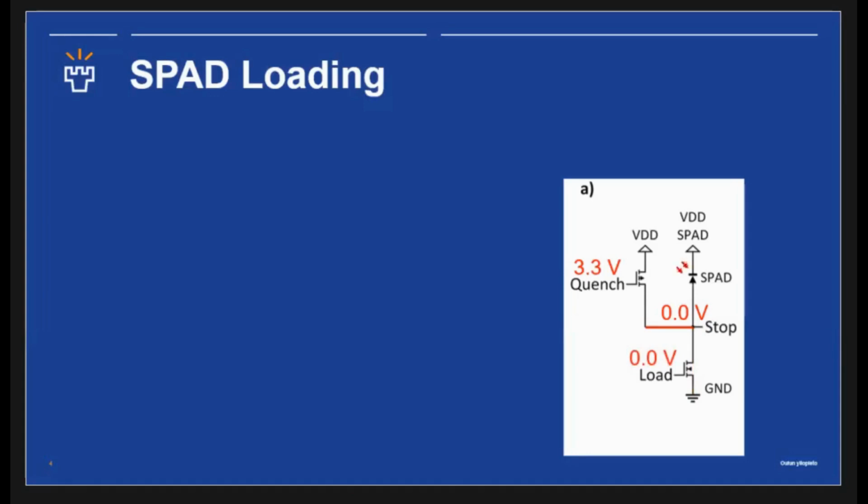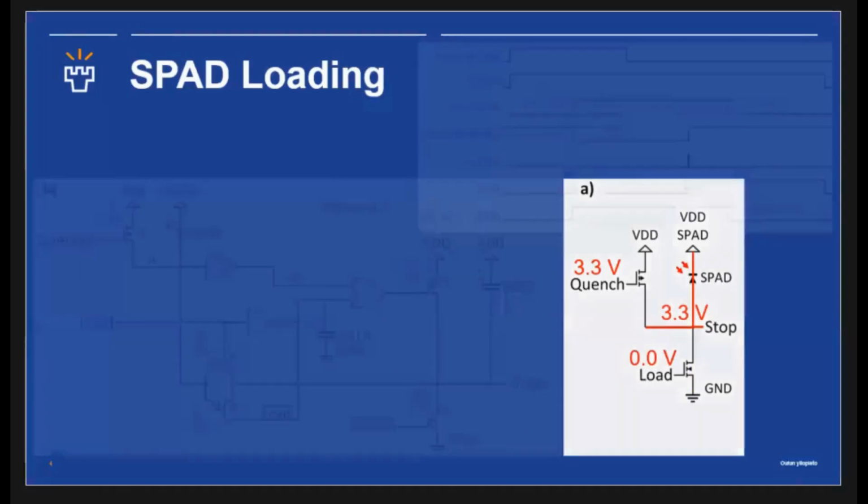As the SPAD detects a photon, its breakdown voltage is exceeded, causing the anode to go high. After the circuit is quenched again, the measurement cycles can start again.